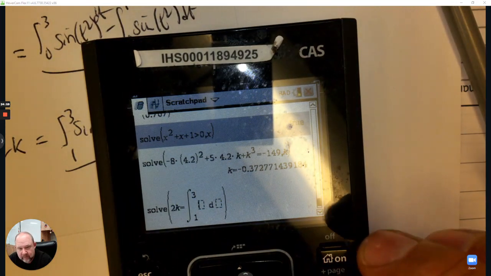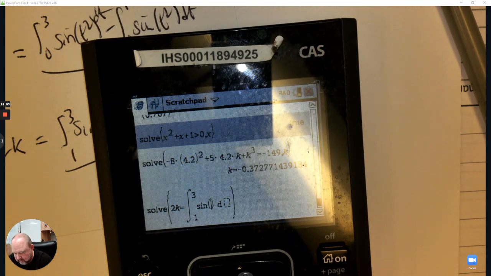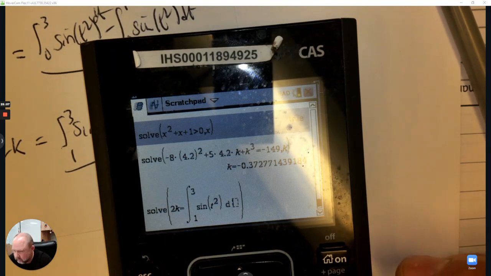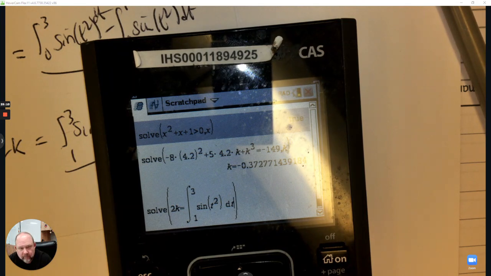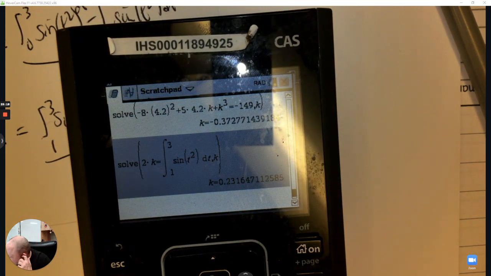From 1 to 3. Sine t squared and then comma k. And you get 0.231.